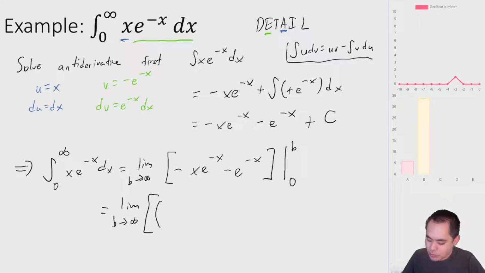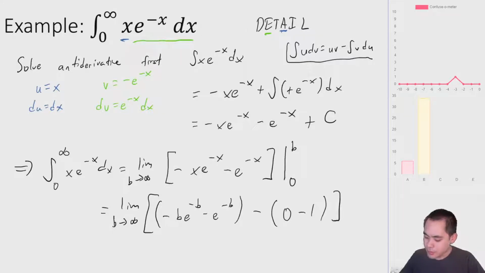So the first part is plugging in b, which is minus b e to the minus b minus e to the minus b, minus, when you plug in 0, that's going to be 0 minus 1. And it turns out that e to the minus b, as b goes to infinity, goes to 0. So this goes to 0, that goes to 0. This already is 0. And so this entire thing is just equal to 1.